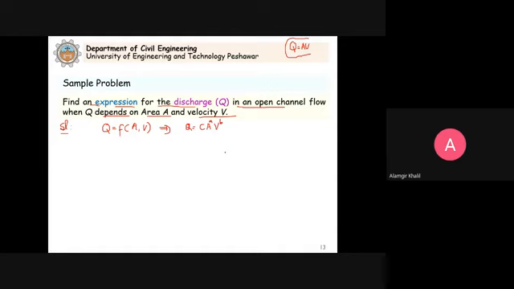This C is a dimensionless constant, as you saw in the previous slide.